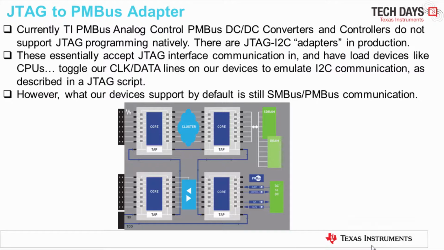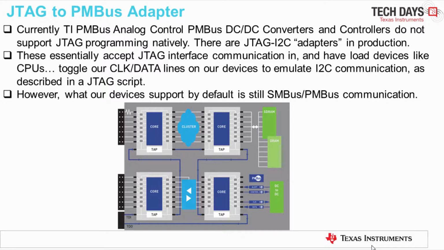A lot of customers have JTAG ports, and we have gotten questions about using the JTAG port to program through PMBus. Our sequencers offer that capability, but our TPS54K buck converters and TPS40K controllers do not offer that capability yet. In the meantime, you can use a JTAG to PMBus adapter.